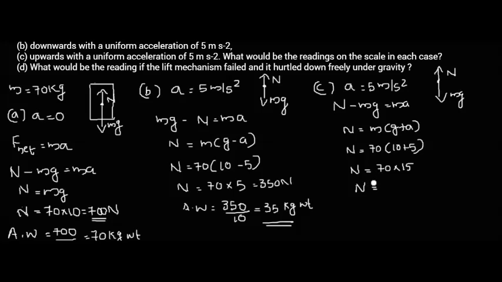From this, I will get N is equal to 1050 Newton. Sorry, I forgot to put the 0. So apparent weight is equal to 1050 divided by 10, which is equal to 105 kilogram weight.